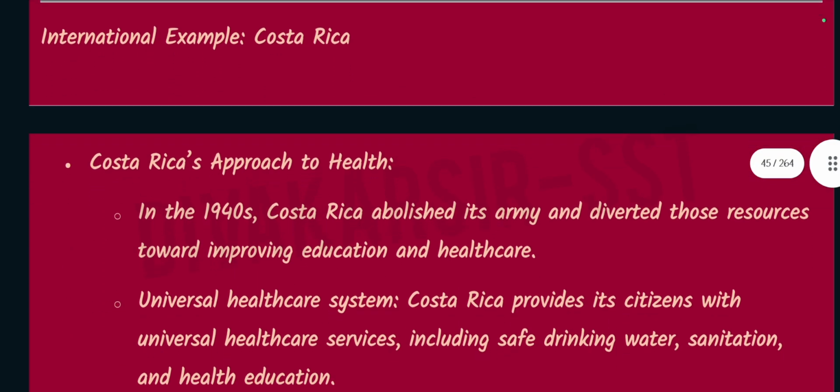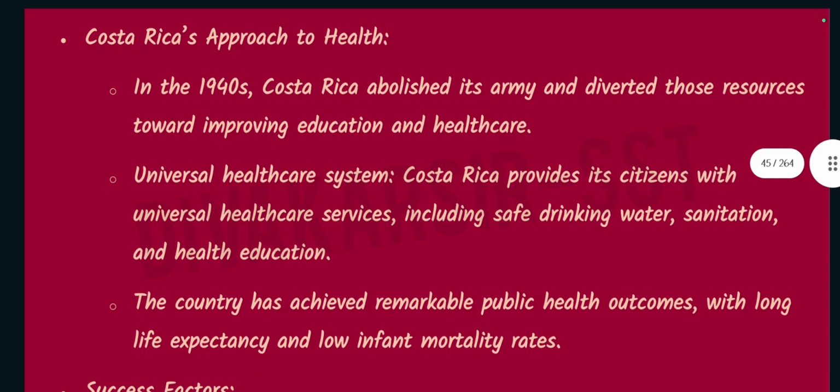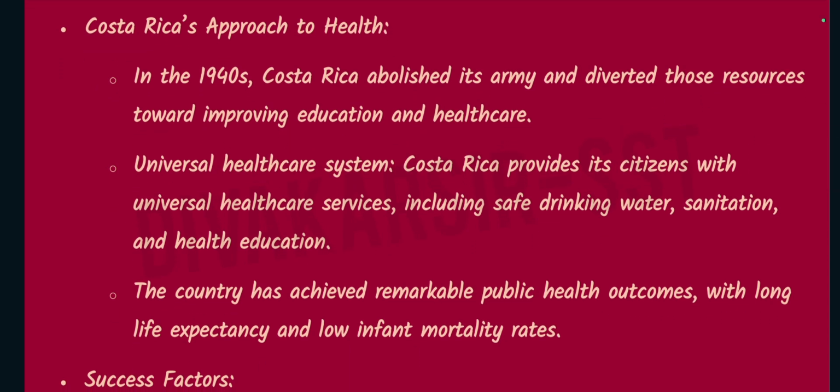International example. Costa Rica. Costa Rica's approach to health. In the 1940s, Costa Rica abolished its army and diverted those resources toward improving education and healthcare. Universal healthcare system. Costa Rica provides its citizens with universal healthcare services, including safe drinking water, sanitation, and health education.